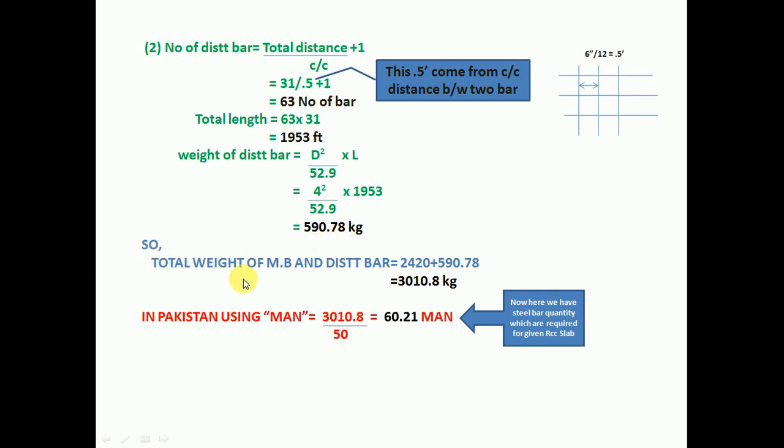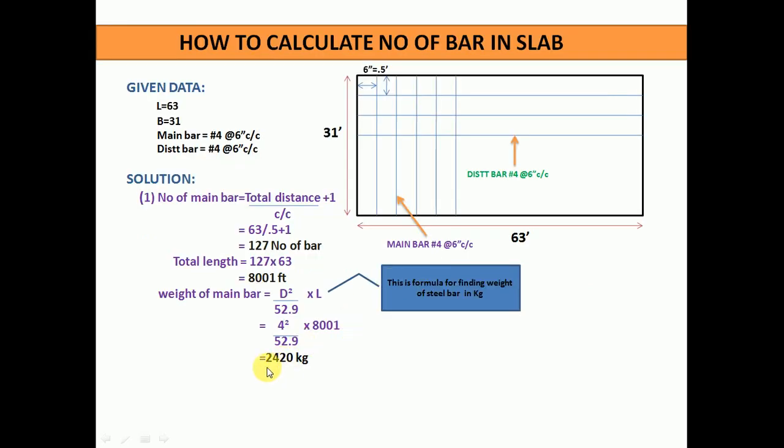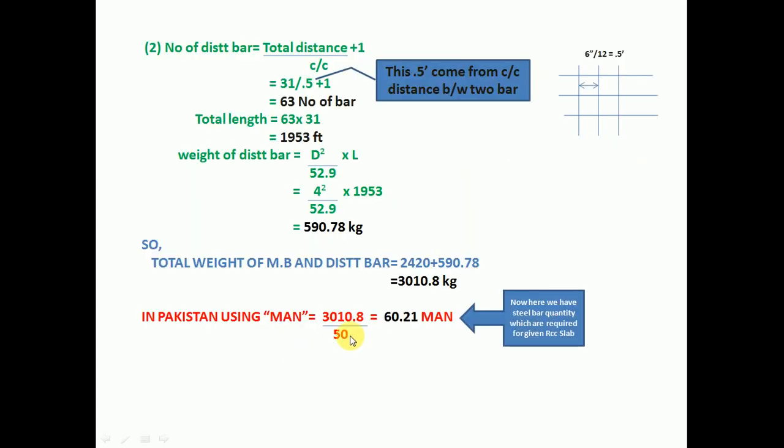The total weight of main bars and distributed bar is equal to the addition of these two: 2420 plus the distributed bar weight of 590.78, which is 3010.8 kg.